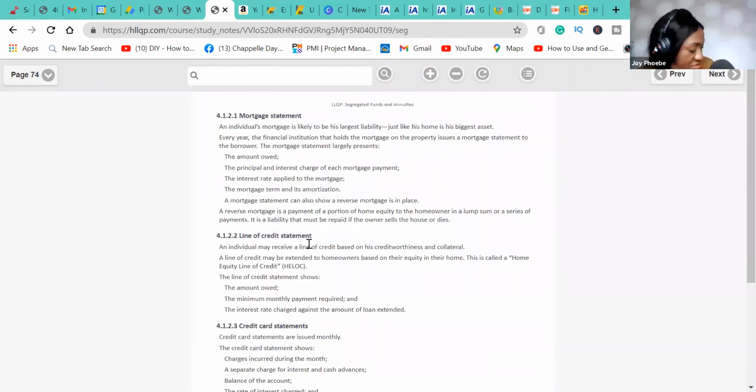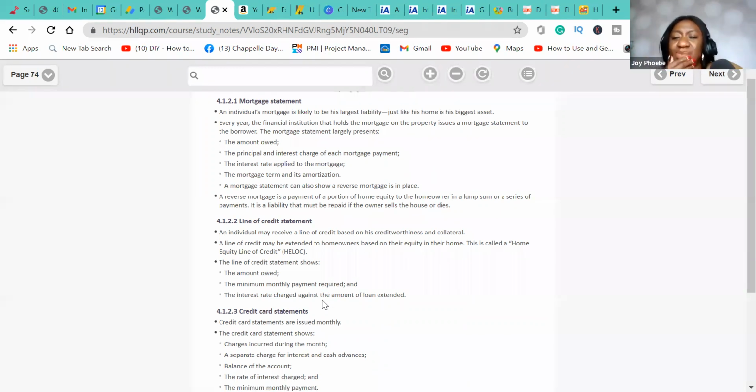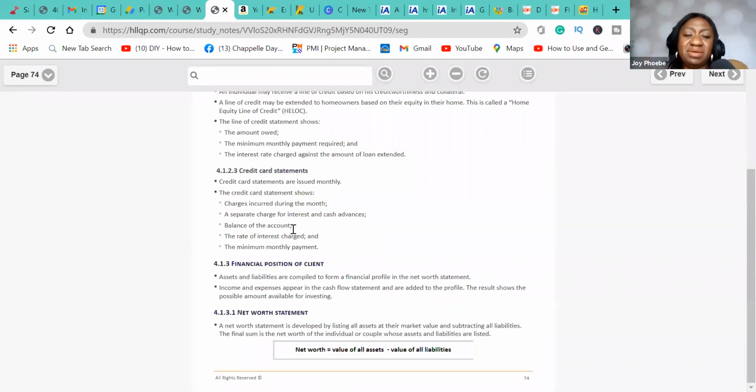Line of credit, credit card statements. Because these are how we determine the liabilities, right? Financial position of a client: assets and liabilities are compiled to form a financial profile, and the net worth, of course. The net worth is the value of all assets minus the value of all liabilities.